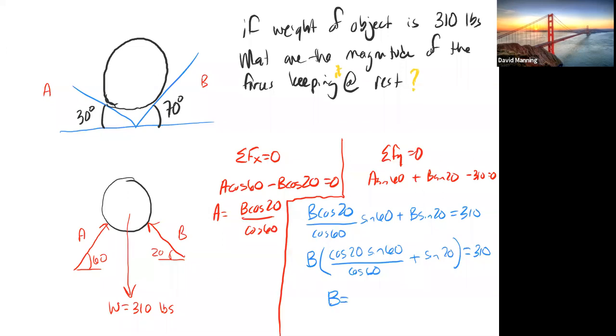B is $157.39. And I'm going to plug this back in for A and get 295.80.